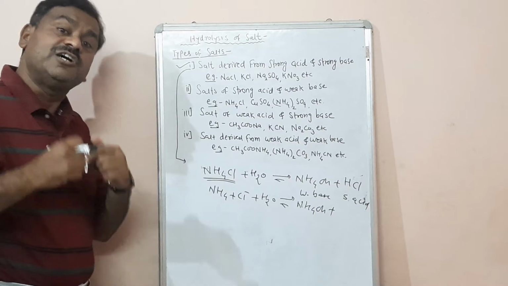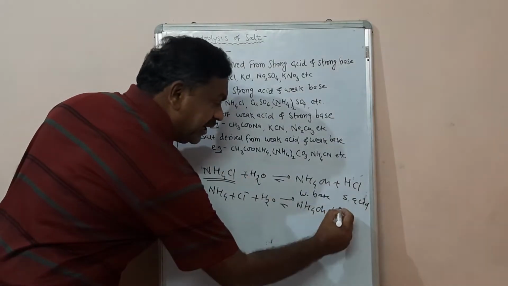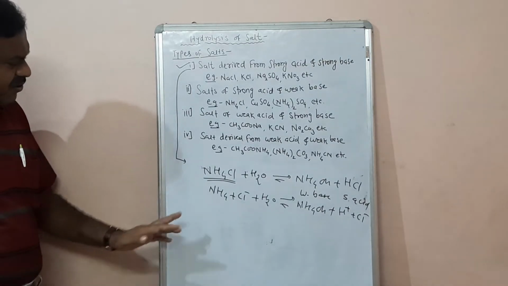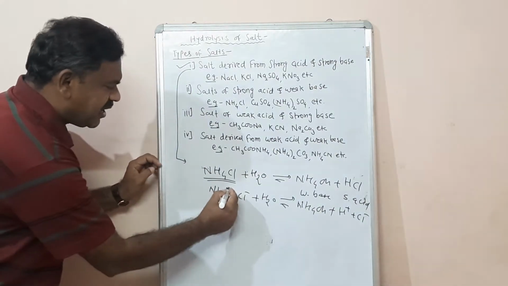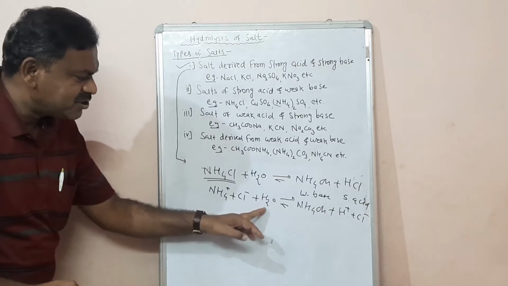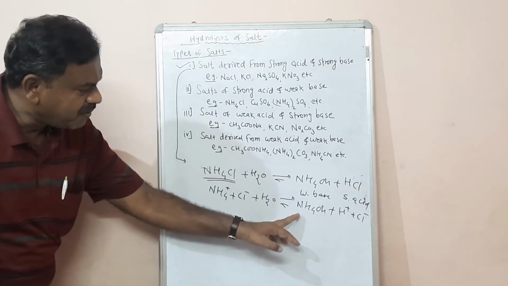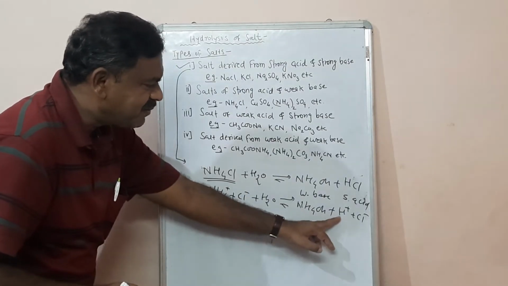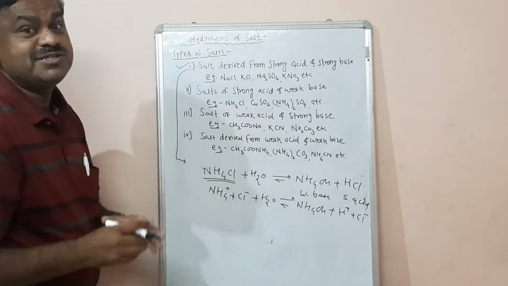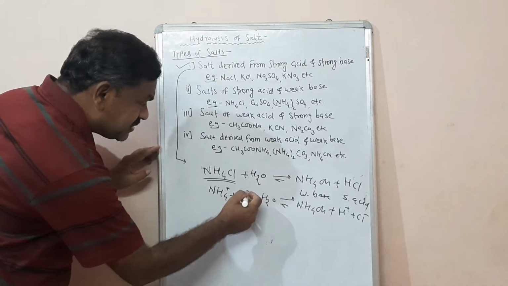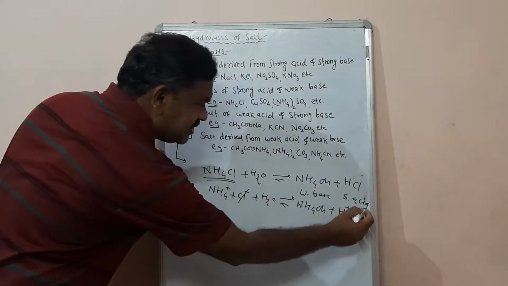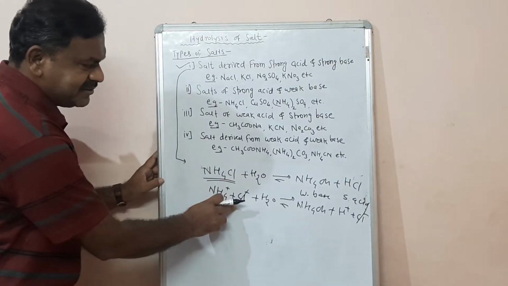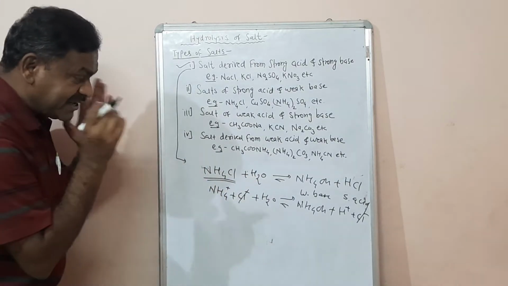HCl is a strong electrolyte, therefore it dissociates completely into H plus and Cl minus. So we have NH4 plus and Cl minus ions, plus H2O, giving ammonium hydroxide, a weak base kept as it is, and H plus and Cl minus ions. The Cl minus ions cancel.